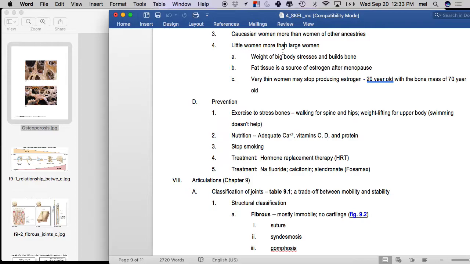Now, let's say I'm a big person, whether I'm really tall and muscular or really heavy for another reason, walking around and carrying my big old self around is weight-bearing activity, right? So big women tend to maintain their bone mass more than small women, right? Small women have less, but they're also putting less stress on their bone, carrying their little bitty bird bodies around. Does that make sense? Okay? So go ahead. So Corey, you're screwed, is all I'm saying. Right?